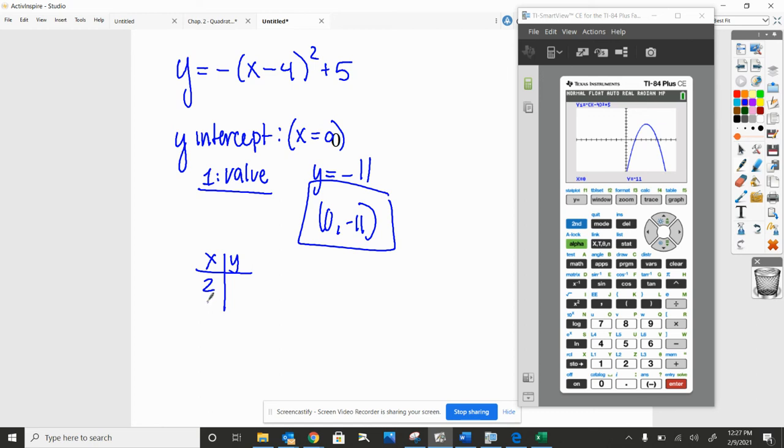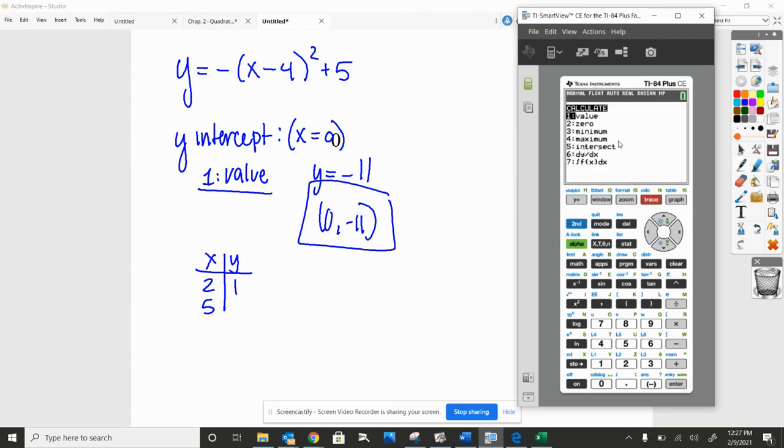What's the value of y when x is 5? You're just using this value button. Okay, you go to second trace, value, 2, enter. 2, 1 is a point on my graph. It's so much easier than plugging it into your function every time. Okay, but if I taught you this first, then you would never want to do this.